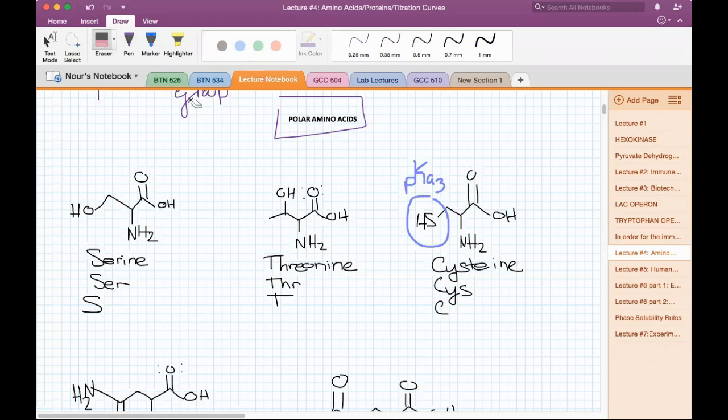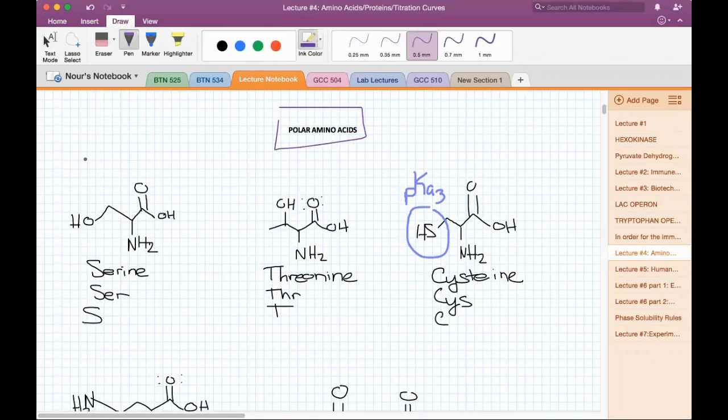I'm gonna erase this because I don't need it anymore. They're hydrophilic. And hydrophilic, as I said, is the opposite of hydrophobic, means it loves water, and it can deal with being in aqueous environments. What else am I missing? It's on the outer part of the membrane most of the time.